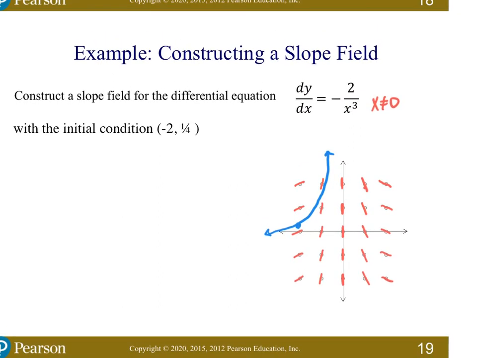So just watch out for vertical asymptotes, and if you're asked to construct or validate a slope field, you'll stay within the side of the vertical asymptote where your initial condition is. Okay, on your calculator, you can also generate slope fields. In Y1, you would put the differential equation itself. So if I was constructing a slope field for this problem, I would put -2 over x cubed in my Y1.